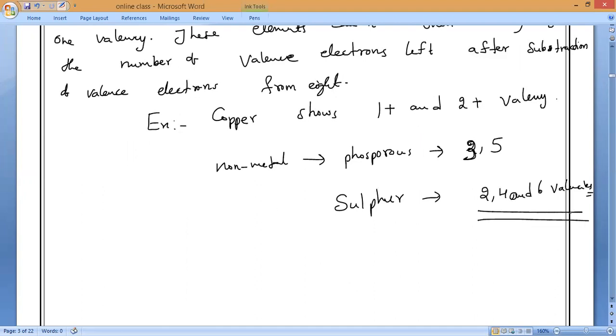Next. Once this variable valency, if you observe, I taught you a thing called noble gases. Do you remember what we mean by noble gases? The gases which are unreactive or stable in nature.